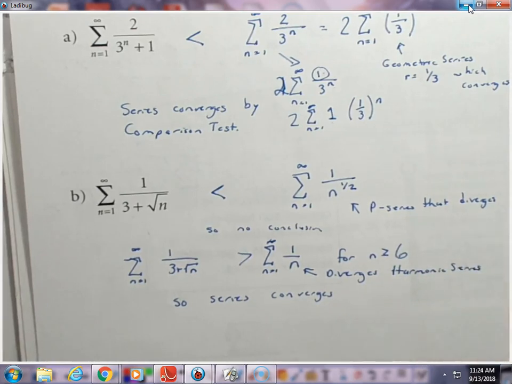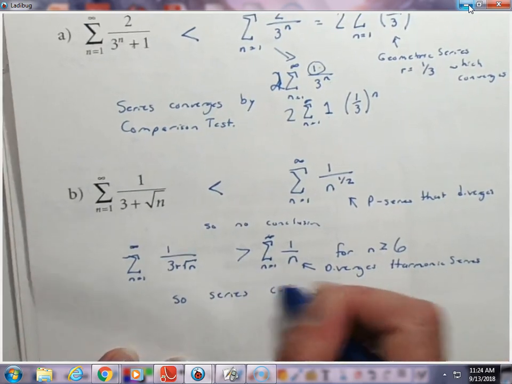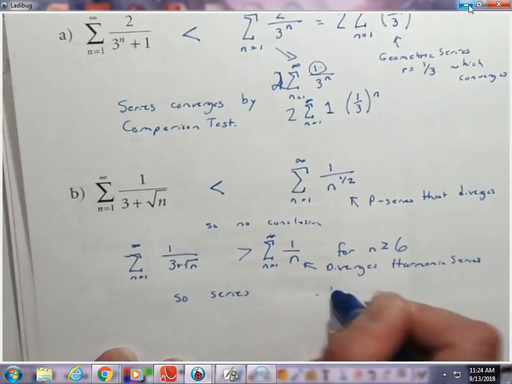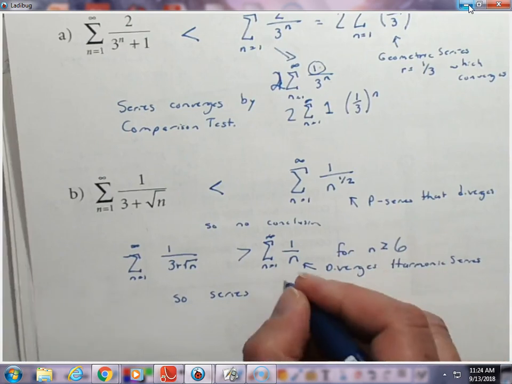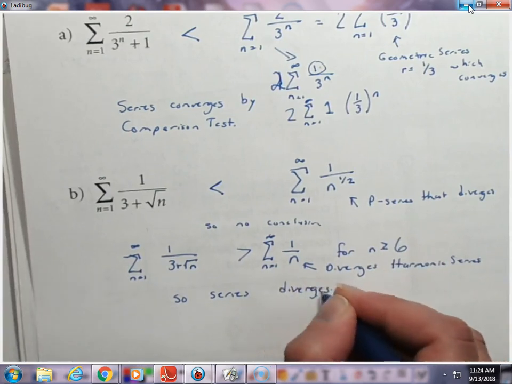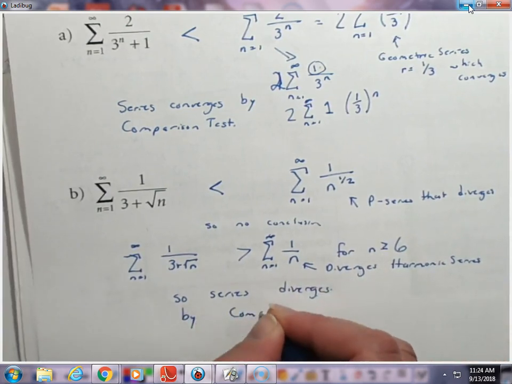If it happens to be p equal to 1, you can say that it diverges because it's a p-series with p equal to 1, but you can also say it diverges because it's a harmonic series. It's just considered to be a well-known series. And I just wrote the wrong conclusion. If you're bigger than something that diverges, you diverge. So the series diverges by the comparison test.